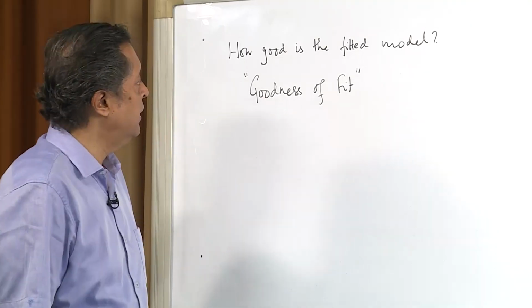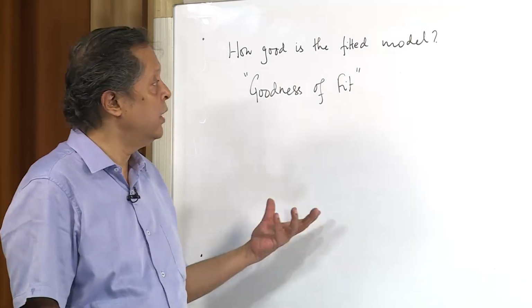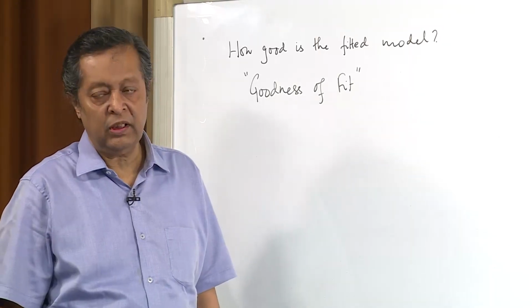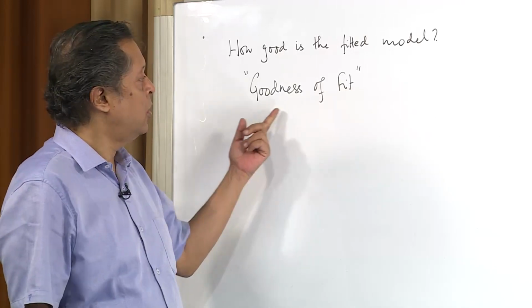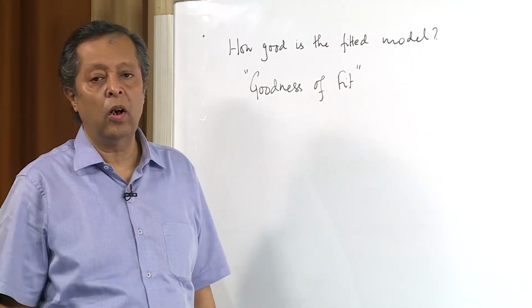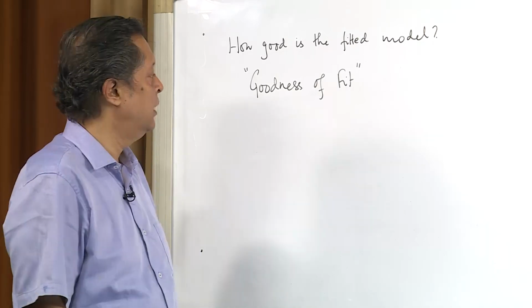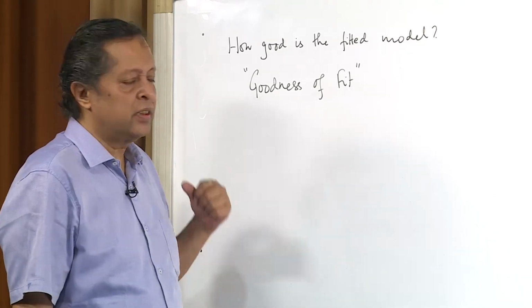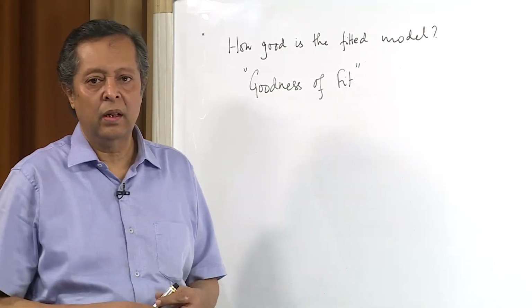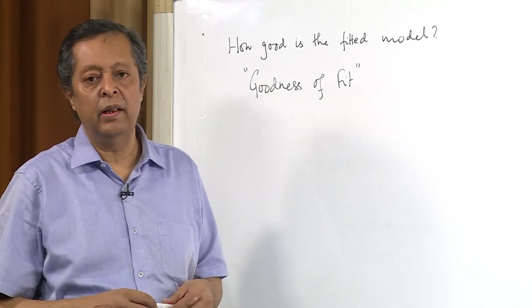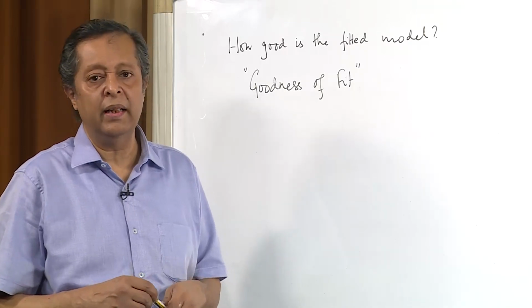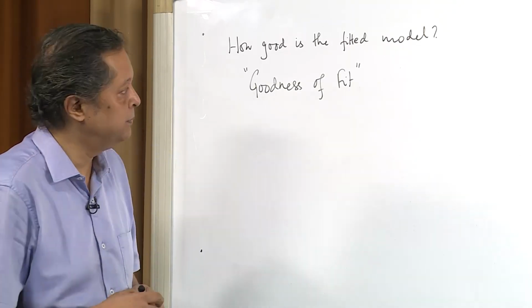Now, naturally the question arises, how good is the fitted model, for which we introduce a concept called goodness of fit. This concept requires us to split the total sum of squares into explained sum of squares and residual sum of squares.